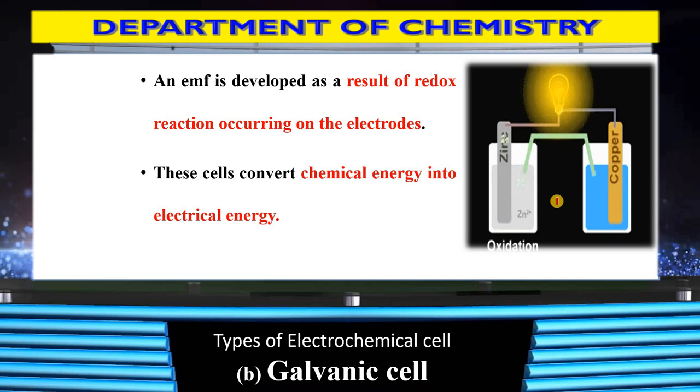In this example, to carry out the redox reaction, we use chemicals, that is zinc sulfate and copper sulfate. In the absence of zinc sulfate, this zinc rod is not able to donate the electrons. Therefore, we say chemical energy is converted into electrical energy, and those electrochemical cells in which chemical energy is used to produce electrical energy are called galvanic cells, right?